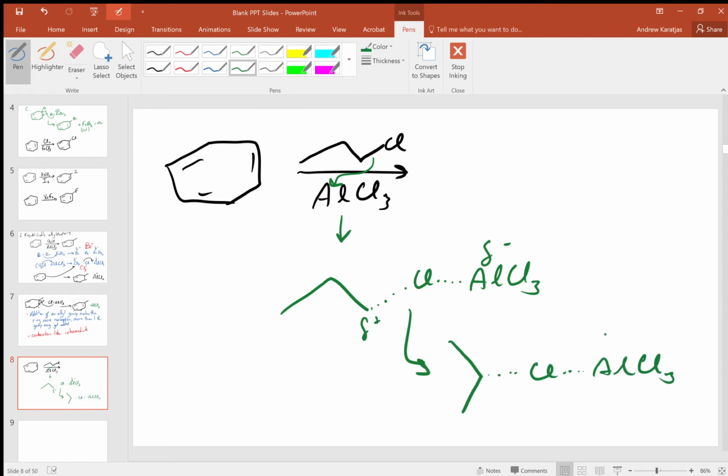Because we know that secondary is going to be more stable than primary. And so if you try and do this Friedel-Crafts alkylation with even a 3-carbon alkyl halide, you're going to get a rearrangement that takes place to give you a more stable intermediate. And so instead of propylbenzene as the product, you end up with isopropylbenzene.